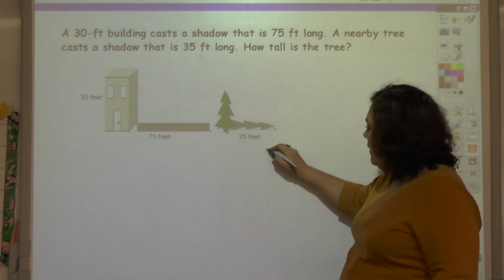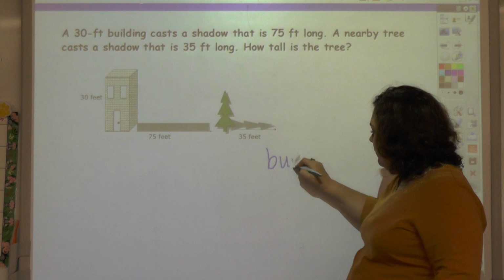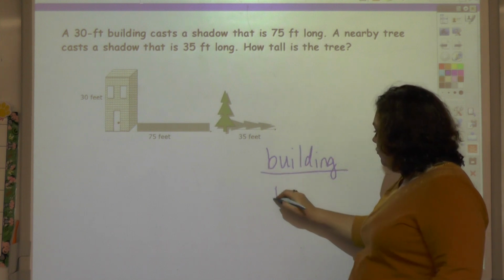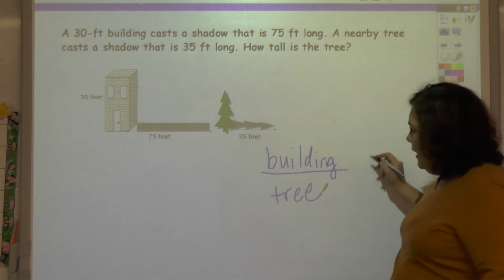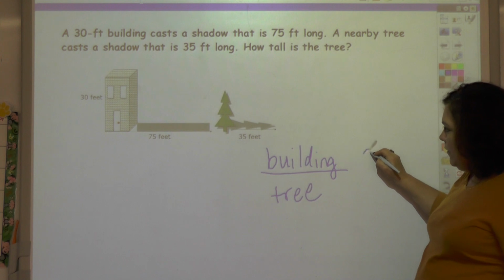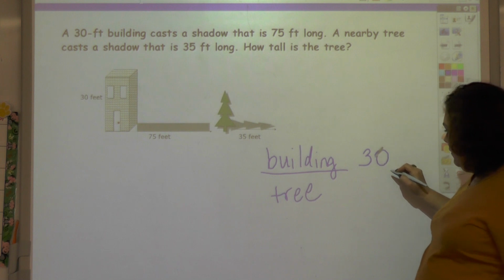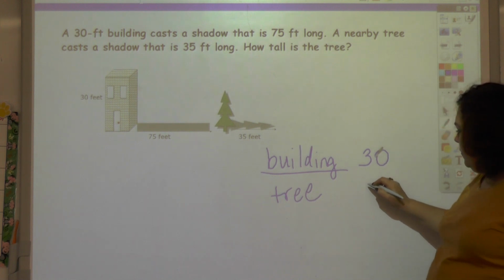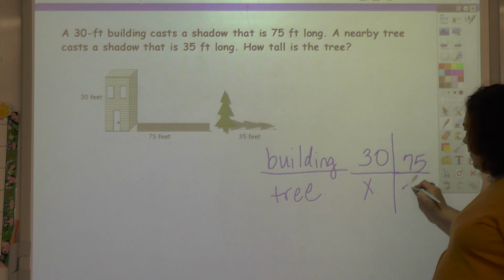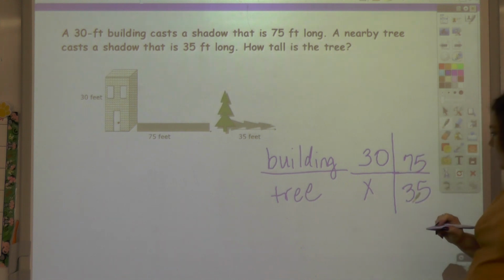So we're comparing building to tree, and we're saying 30 to x, what we want to find, the height of the tree, is equal to 75, which is the building, and 35, which is the tree. Okay?